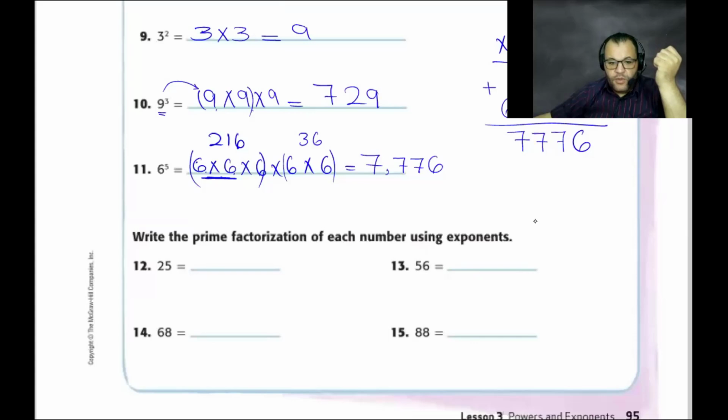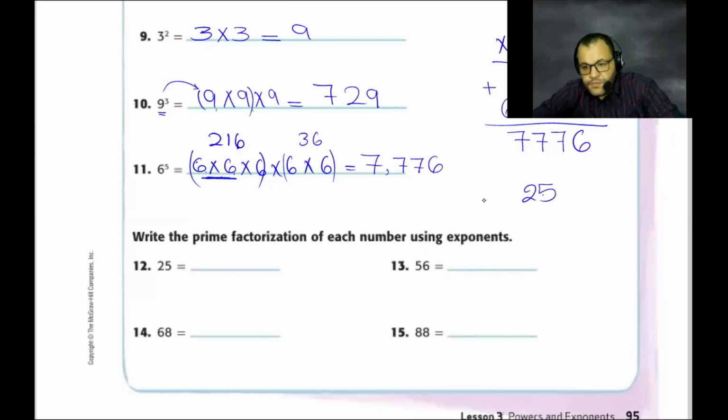So who can solve with me question number 12? Muhammad Amir, question number 12. At the first, I need the prime factorization for 25. Write the prime factorization for 25. So how are we going to solve this one? What is the prime factorization for this one? No, I said what page is it? Leave the page.